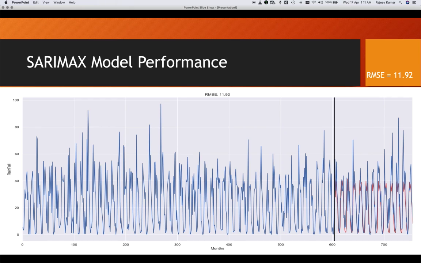I used 80 percent as training and 20 percent as testing. The red line shows the value predicted by our model. Based on the actual values, the root mean square error comes out to be 11.92, which seems to be a pretty good model.